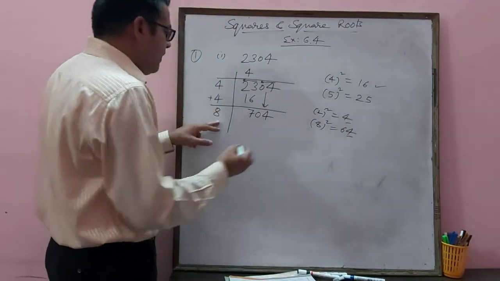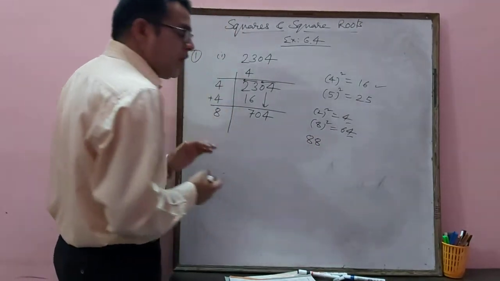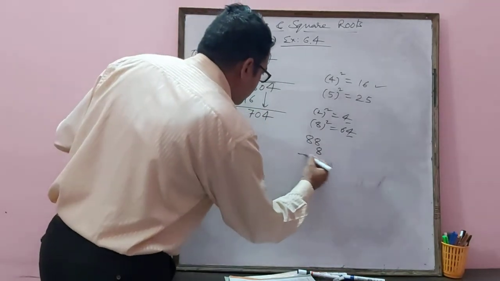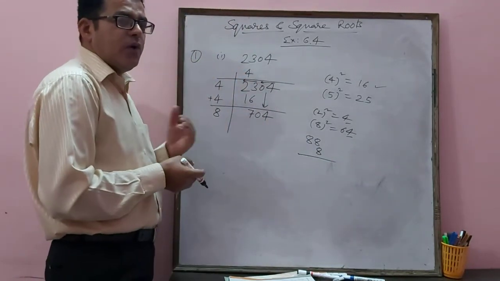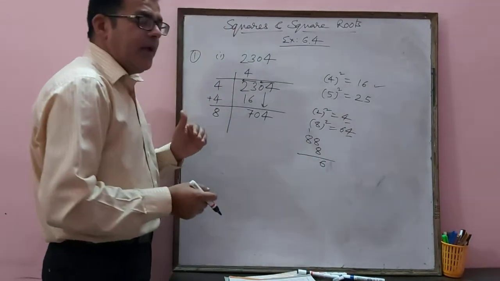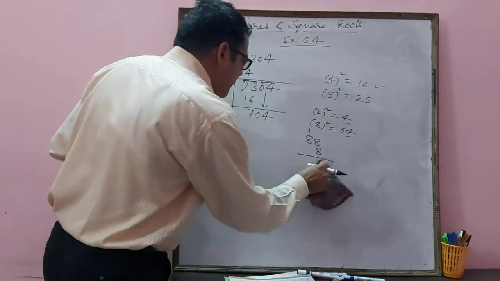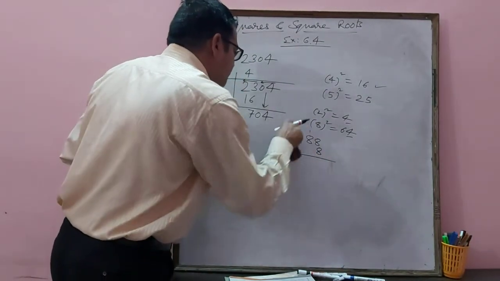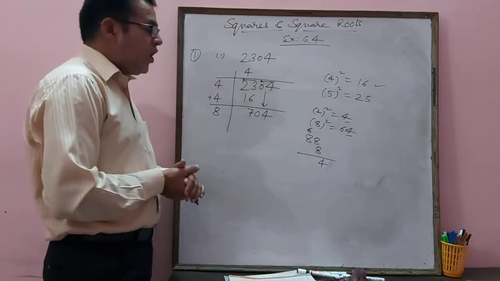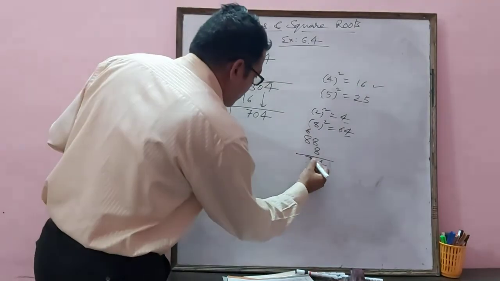So if we write 8, we already have 8, and we write 8 just next to 8, it becomes 88 now. If we multiply 88 by 8, let's check what we have. 8 8s are 64, 4 and carry is 6. 8 8s are 64, 64 and 6, 70.